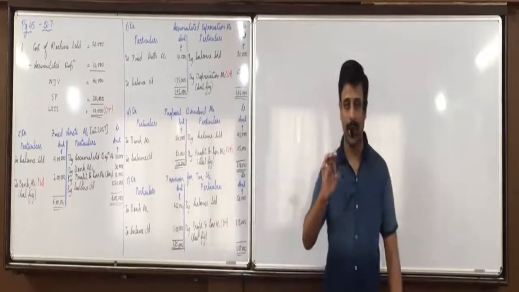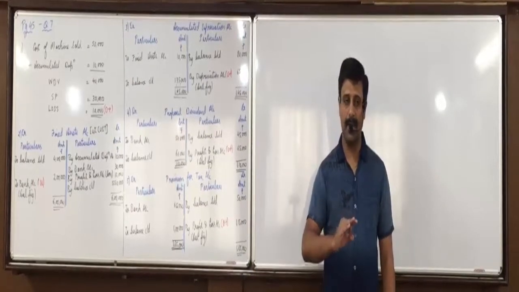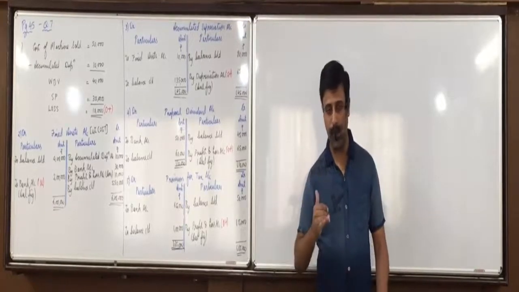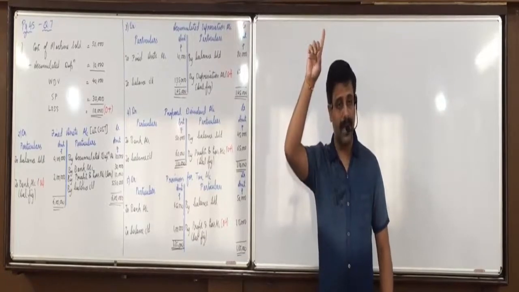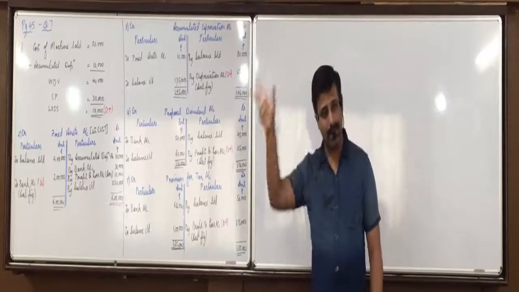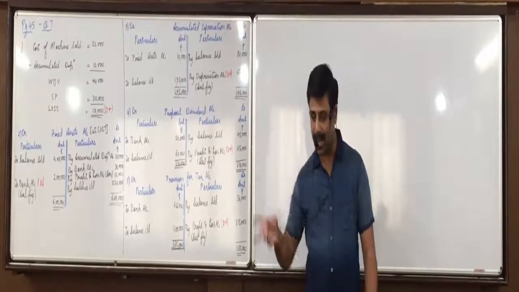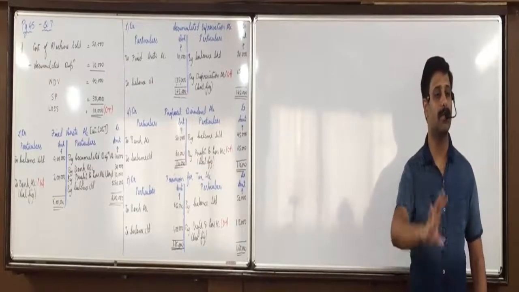Now remember one shortcut, listen carefully. Whether the bank loan is repaid or it is borrowed, if the date is given 1/4/15, then count interest on 31/3/16 closing balance. If the date is given 31/3/16, then count interest on 1/4/15 opening balance. Opposite.